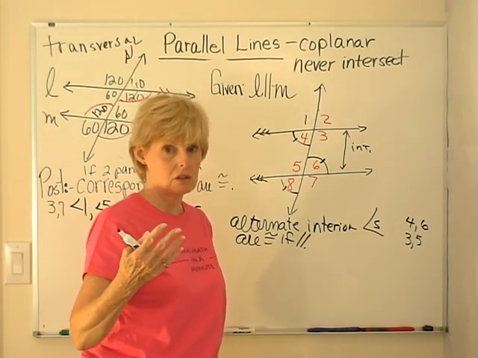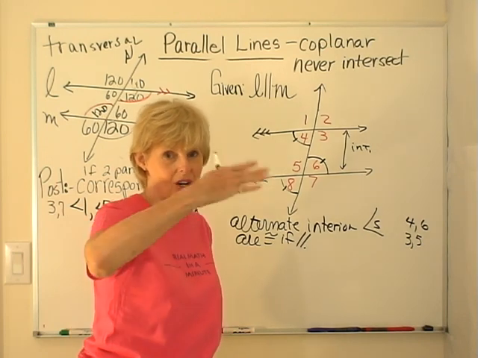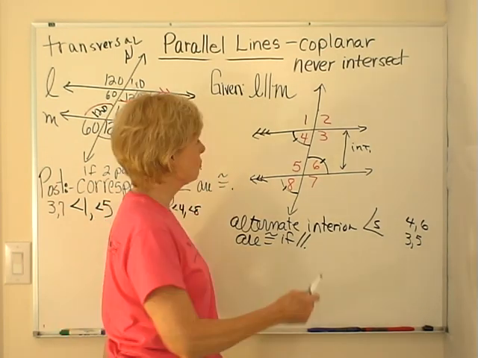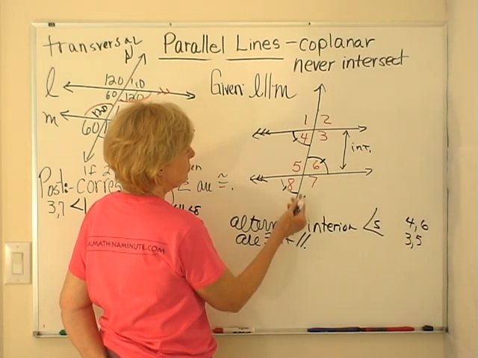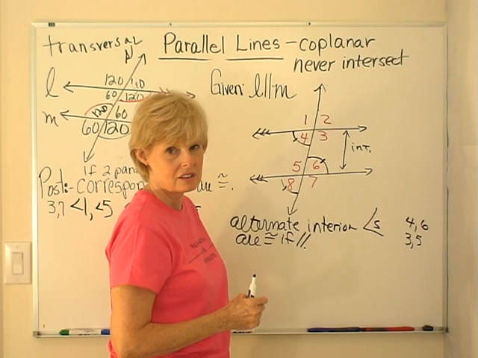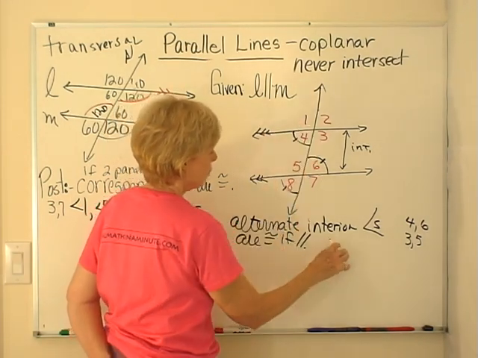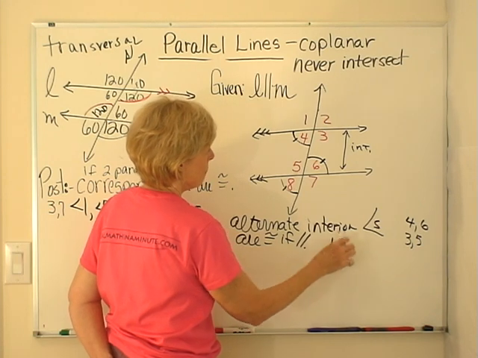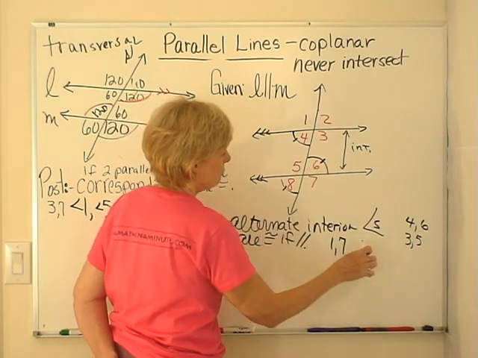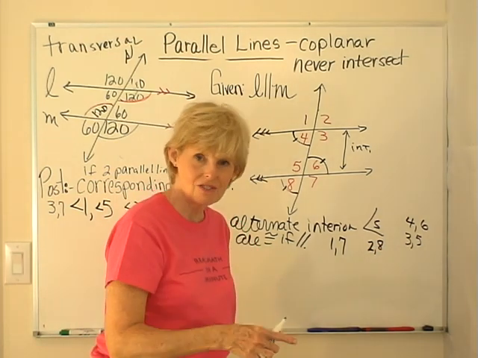So if I do alternate exterior, alternate now means opposite sides of the transversal. So here's the transversal. Opposite sides would be 1 and 7, and they'd be exterior. So 1 and 7 would be alternate exterior, and 2 and 8 would be another pair of alternate exterior.